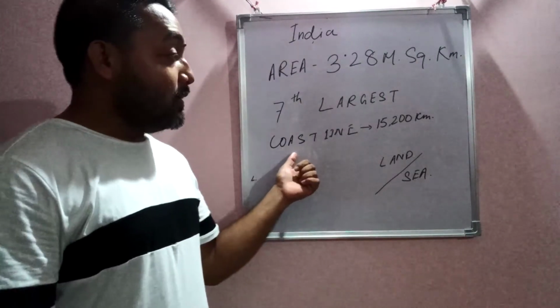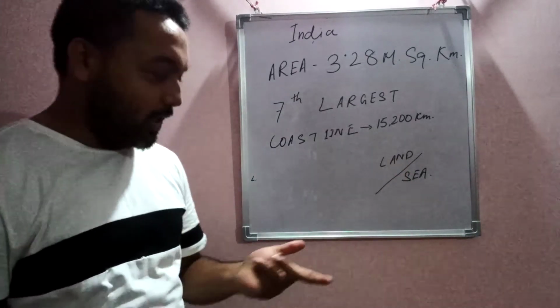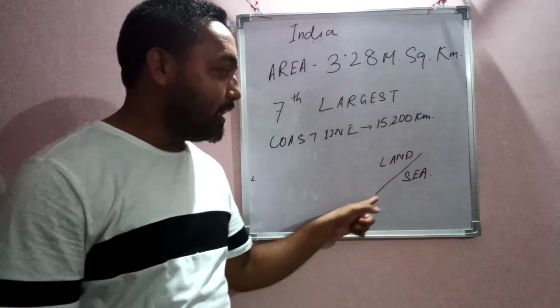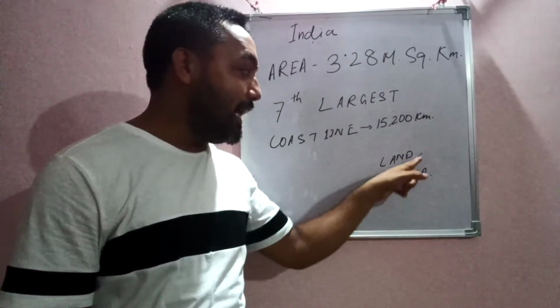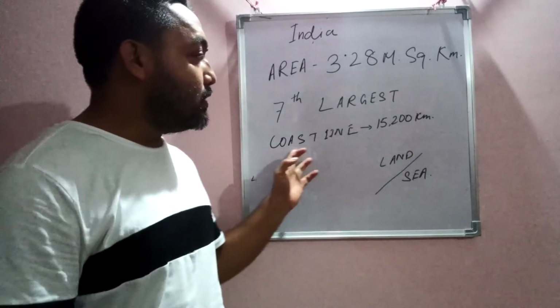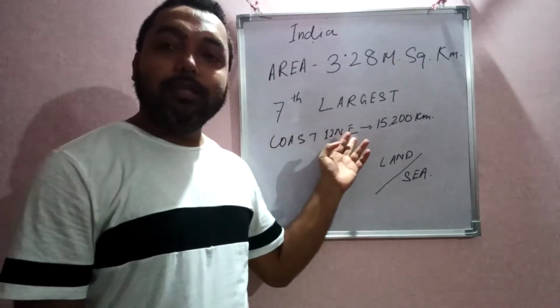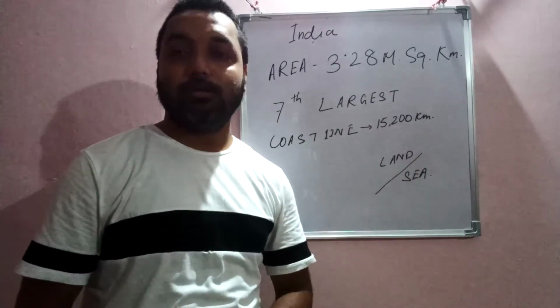Then its coastline. First, I need to say what a coastline is. The coastline is the line that demarcates between land and sea. This side is land, this side is sea, and the line between these two is known as the coastline. The coastline of the mainland of India is 15,200 kilometers.